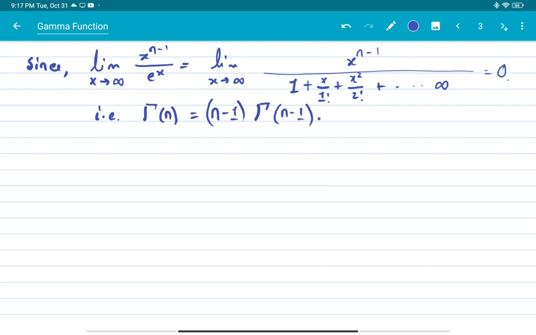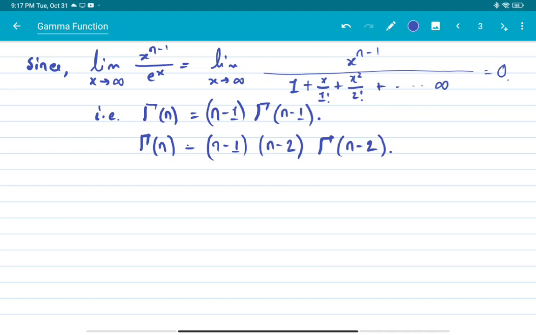Applying this result again, we can write gamma of n equals n minus 1 times gamma of n minus 2. So how am I getting this result? If you closely look at the setup of this gamma function, you can write this as per the definition.